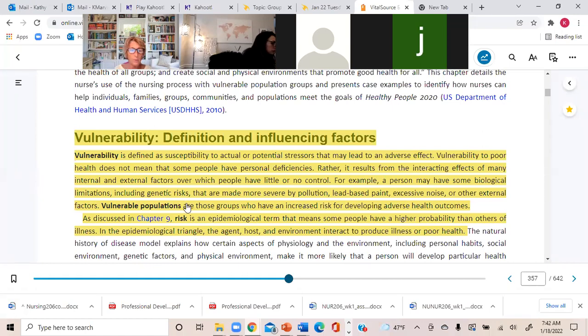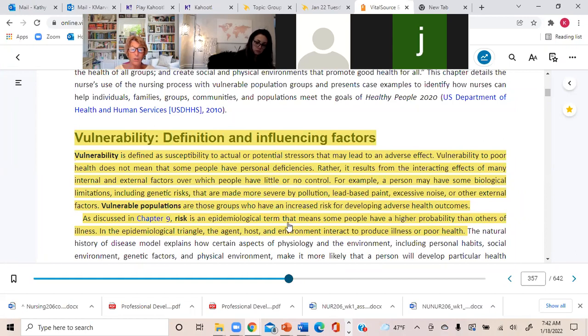So vulnerability, as a definition, is your susceptibility to actual or potential stressors that may lead to an adverse effect. Vulnerable populations are those at risk for developing adverse health outcomes.